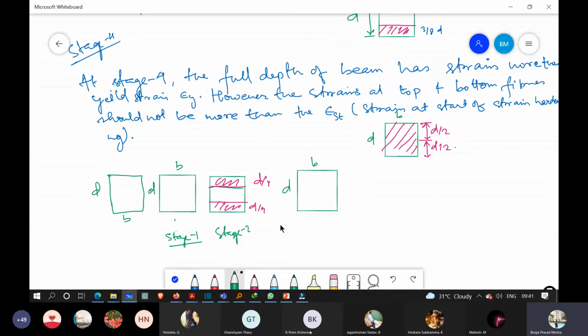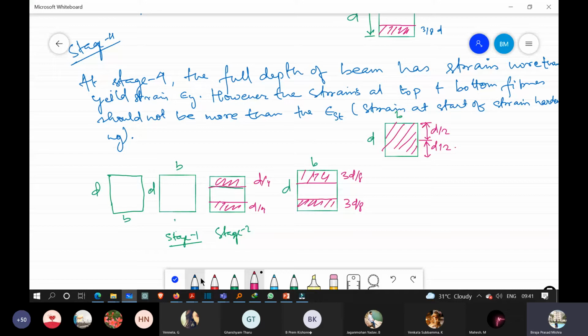what is the strain level at stage 3? Who can tell? Harshvardhan, what is the strain level at stage 3? 3D by 8. 3D by 8. Okay, this is at stage 3.